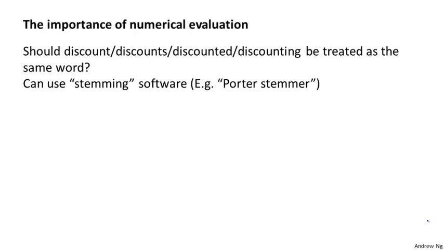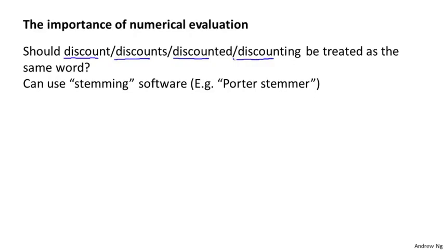Let's say we're trying to decide whether or not we should treat words like discount, discounts, discounted, discounting as the same word. So maybe one way to do that is to just look at the first few characters of a word, and then you figure out that all of these words roughly have similar meanings.